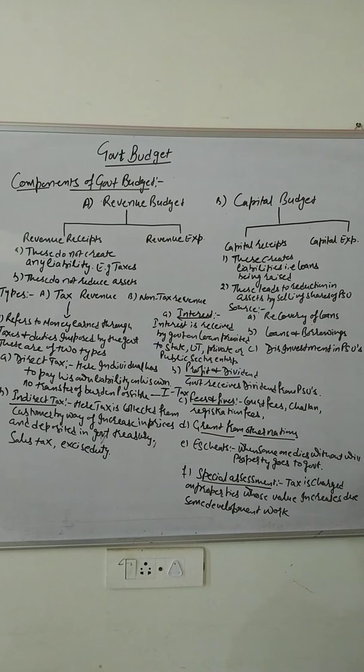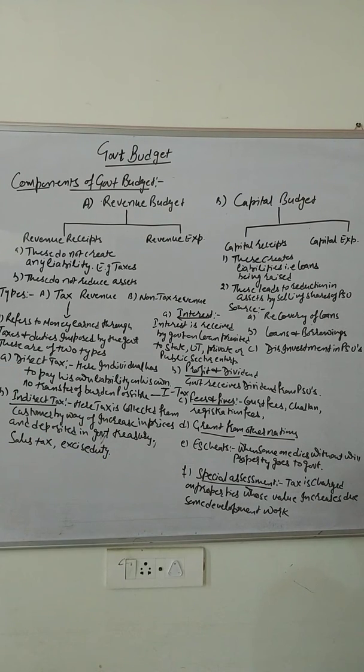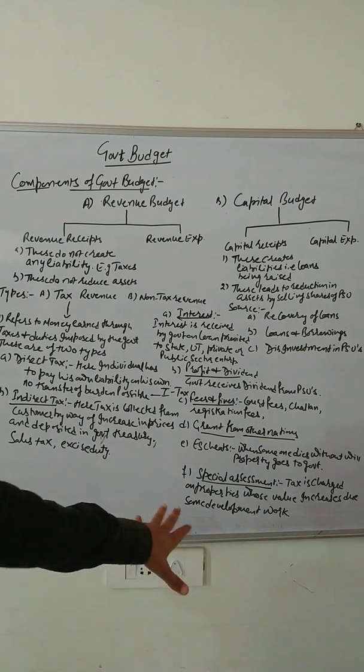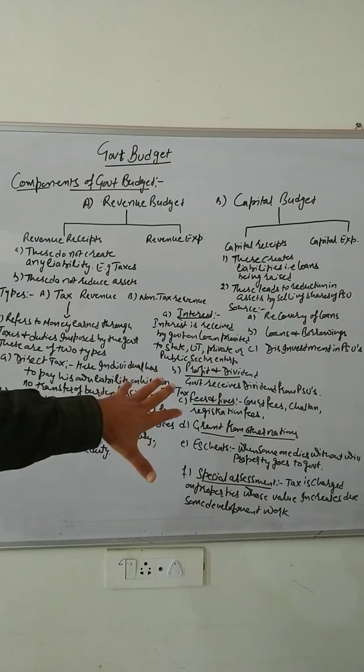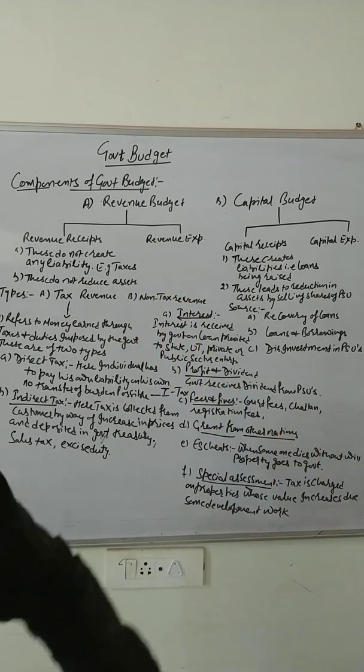This special assessment is done at the times when there is some developmental work going on, and because of that developmental work, the value of the property adjoining to that particular area increases. So government charges a special tax from the owners of the property. That is what the special assessment is. So these are some of the tax based receipts and non-tax based receipts.